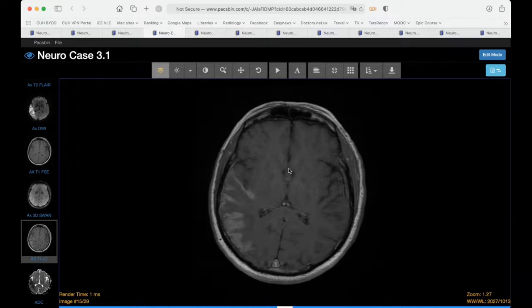If you head over to the poll for case 3, once you've had a chance to have a look, I'll give you a few more seconds to vote for an answer. Great, okay, got a few votes coming in.